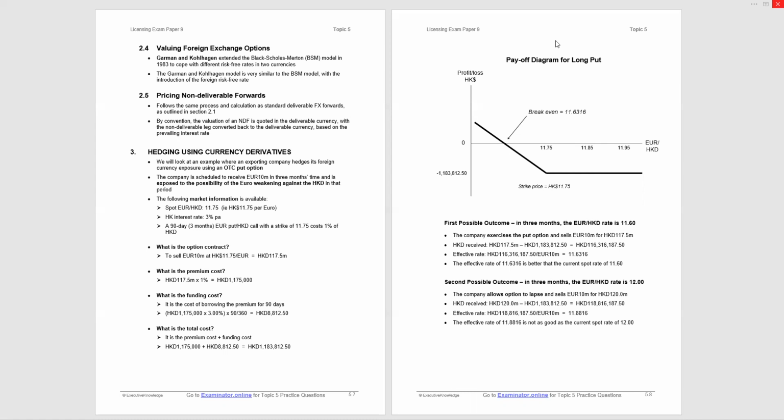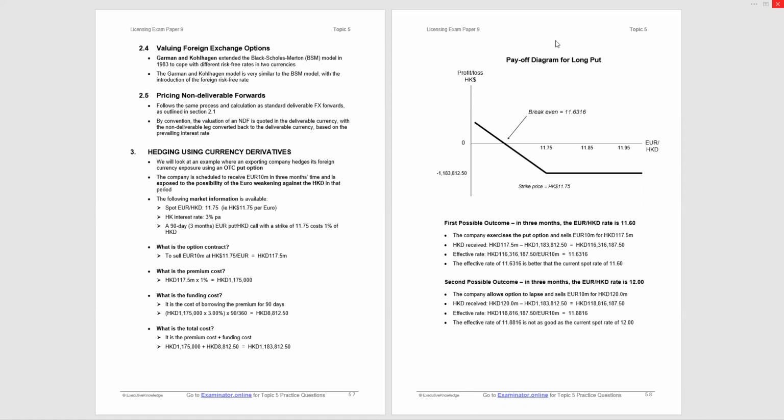You can see that if the euro strengthens, we'll let the put option lapse and we'll just absorb the premium. But if the euro weakens, then we will exercise and we will take a gain in that position. But we'll have the underlying asset gain or loss to consider as well. And that's what we'll do with 2 possible outcomes.